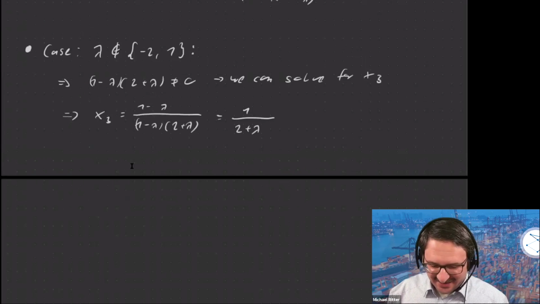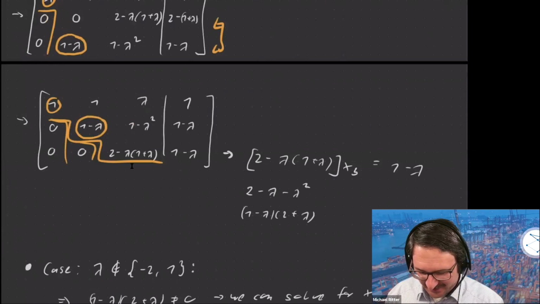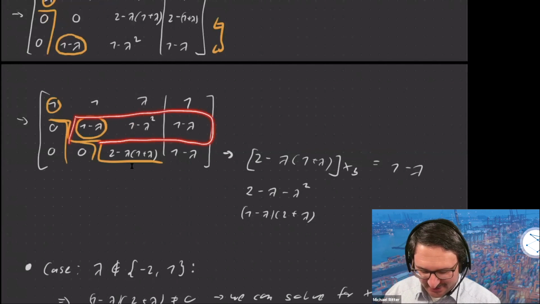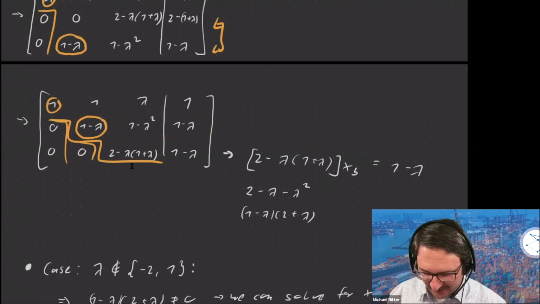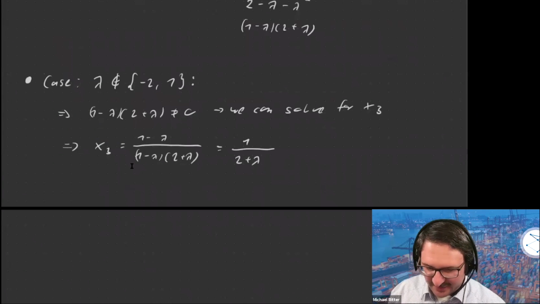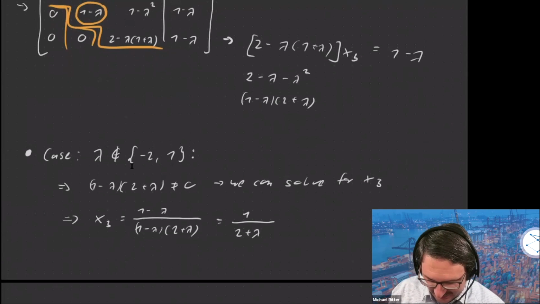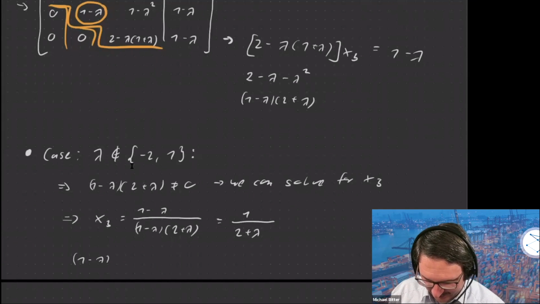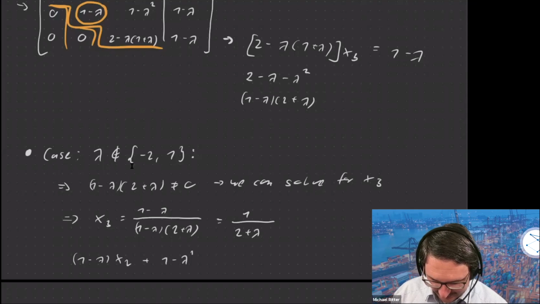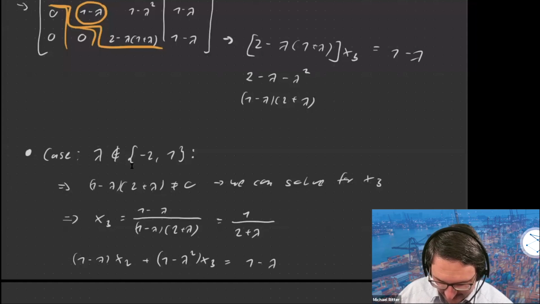Then we can just use that to solve the rest. So we have x3. We can now use this equation to solve for x2. And this equation, let's write that down once again. That is 1 minus lambda x2 plus 1 minus lambda squared x3 is 1 minus lambda.